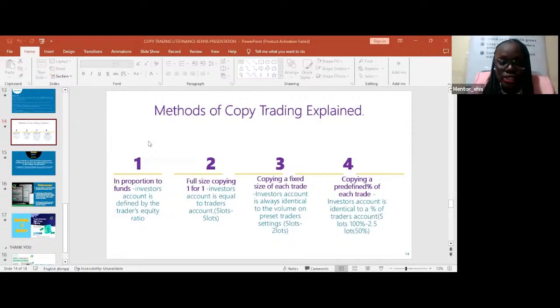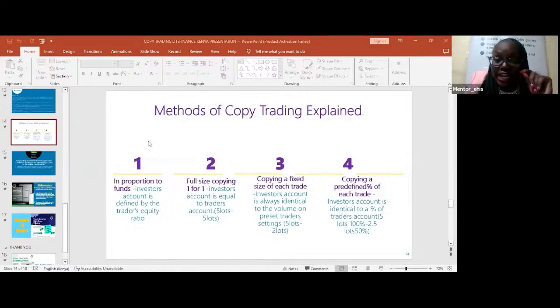The investor's account is defined by the trader's equity. You would find this number 1 is mostly advised, unless the trader you're copying has explained or has put some other settings. If you don't find any settings, you just set your account in proportion to funds.